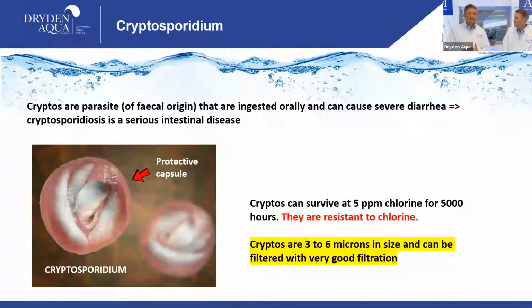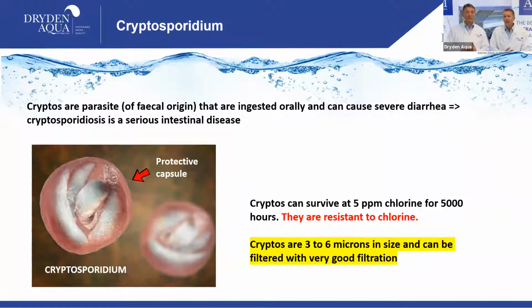Yeah. Yep, that's right. Okay, the next one is crypto. I know that's a big one. That's really important in the US. Crypto is a parasite. It's also a single cell organism. So it's not a bacteria, it's a parasite. But the problem with crypto is it's highly resistant to chlorine. You need very high concentrations of chlorine to get rid of it, which you usually don't have.